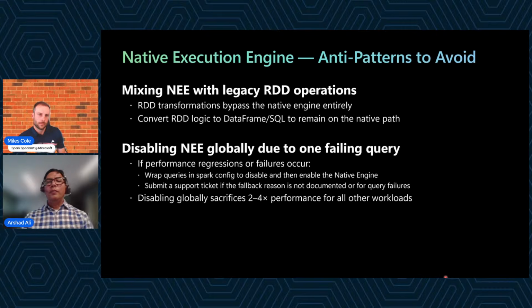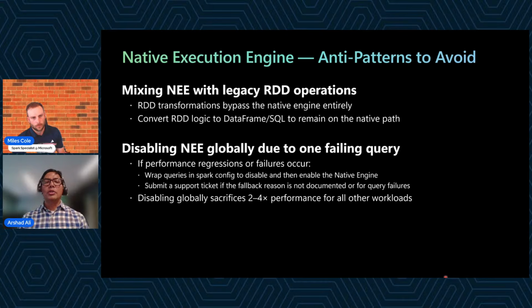And finally, there are a few anti-patterns that we need to avoid. If you have a legacy Spark application, which was written before the Catalyst Optimizer came in and leverages RDD operations, this kind of execution doesn't go through the optimization, so it cannot take advantage of the native execution engine even if you enable it.